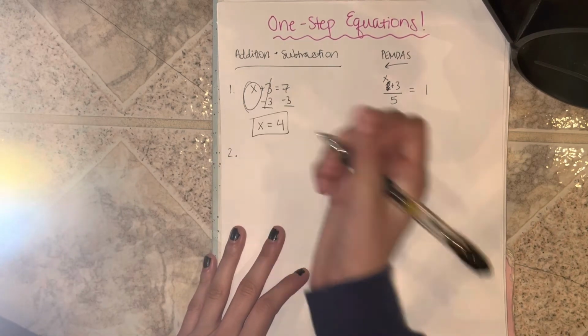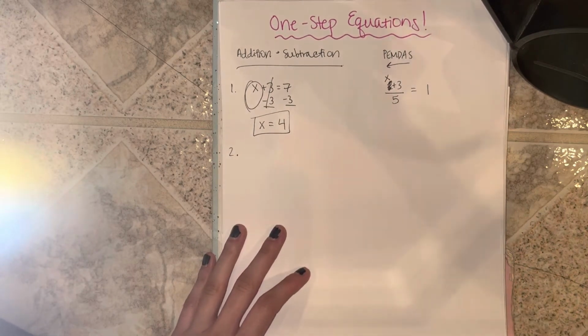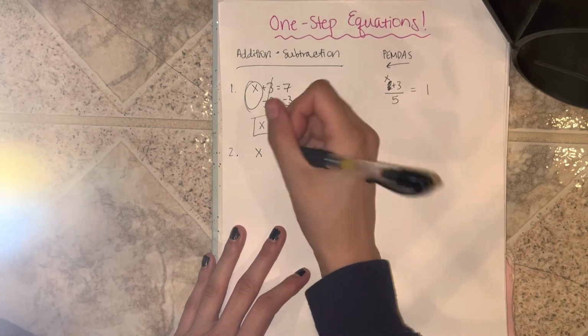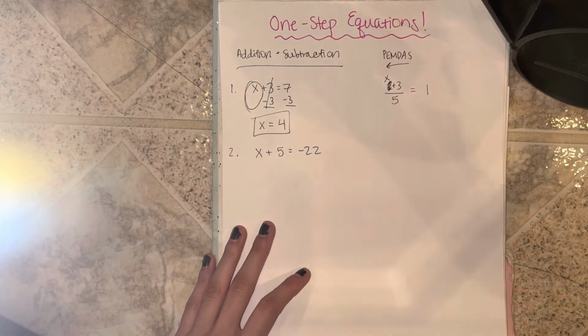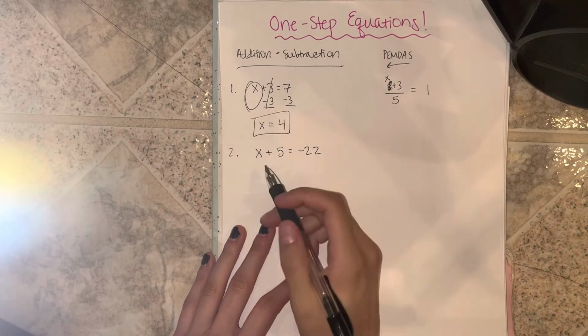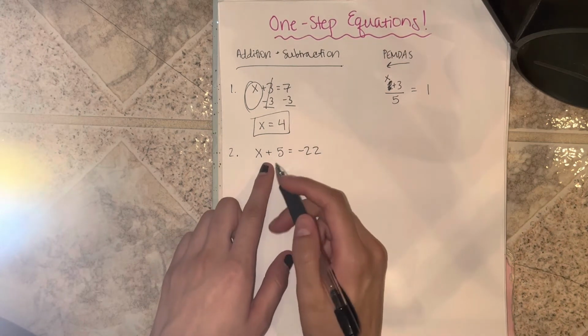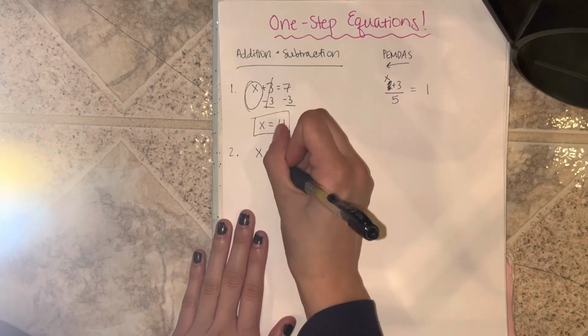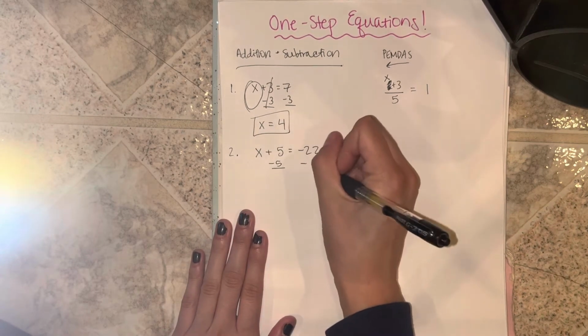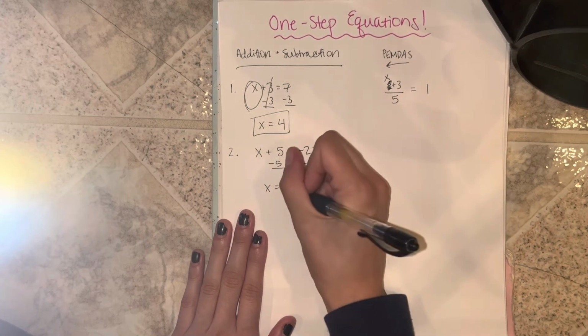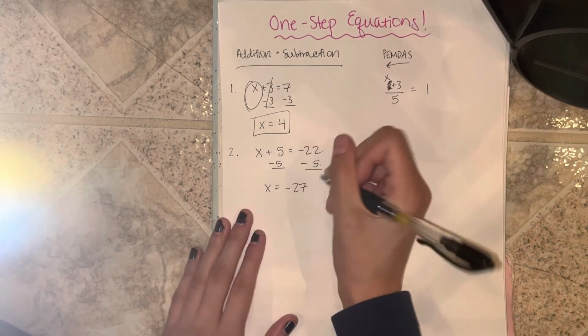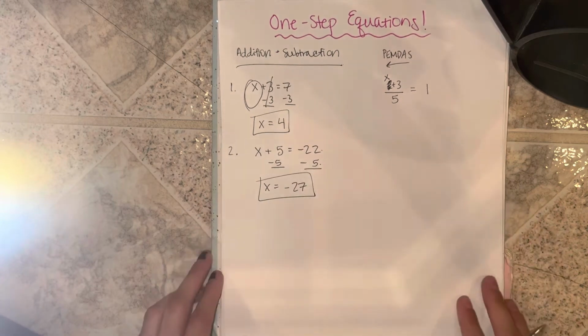Okay, let's look at another addition one. Let's do x plus 5 is equal to negative 22. So we need to subtract the 5 from both sides, and we have x equals negative 22 minus 5, which is negative 27. Okay, cool.